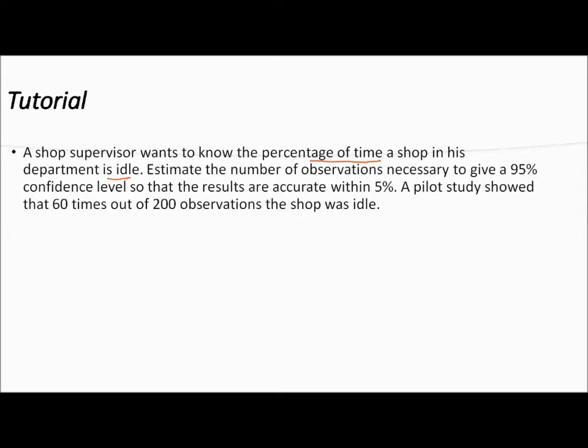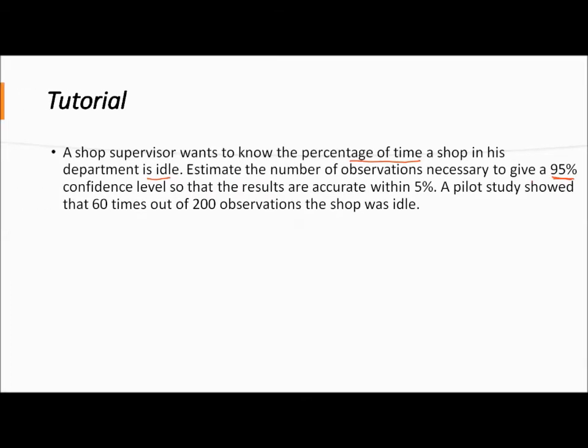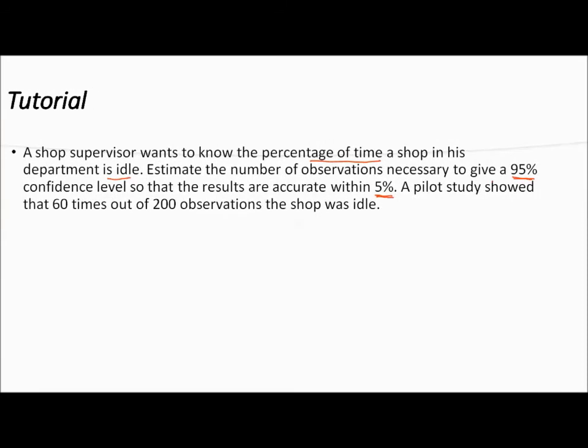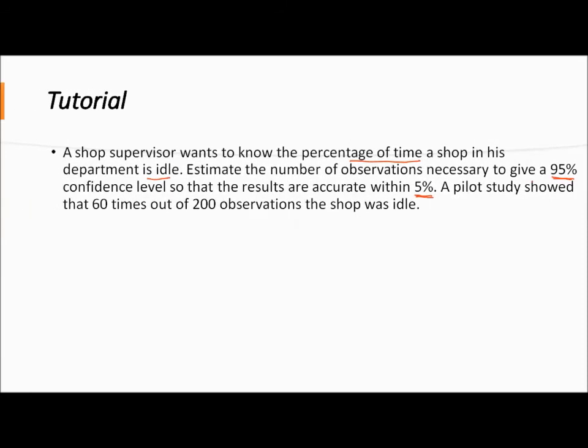So that is actually P. So estimate the number of observations necessary to give a 95% confidence level, so that the results are accurate within 5%. A pilot study showed that 60 times out of 200 observations the shop was idle.